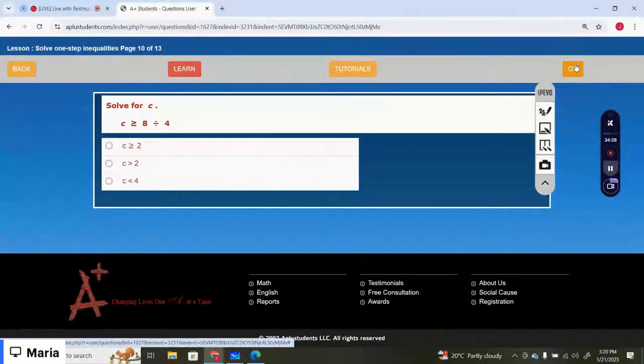That is c is greater than or equal to 2. Option number 1 is the correct option. Okay, you can complete the lesson by yourself later today. Let me move to the next lesson.